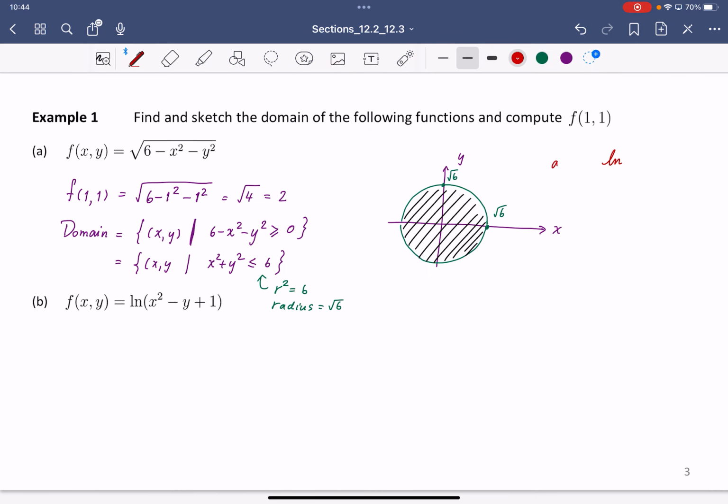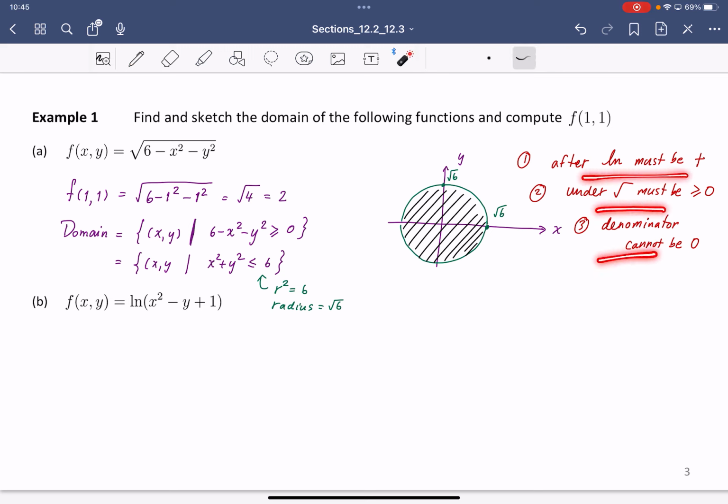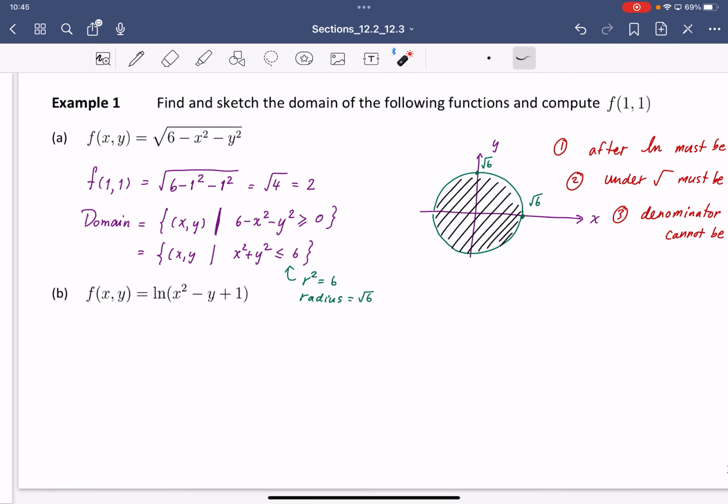So: after log must be positive; under the square root sign must be greater than or equal to 0; and the denominator cannot be 0. You're going to see these a lot in the exercises in the book or even on the exam. These are the three points that we ask a lot. So we're going to do question 2 here.